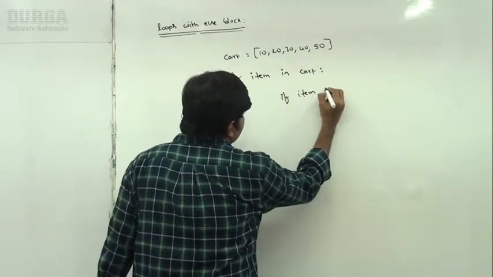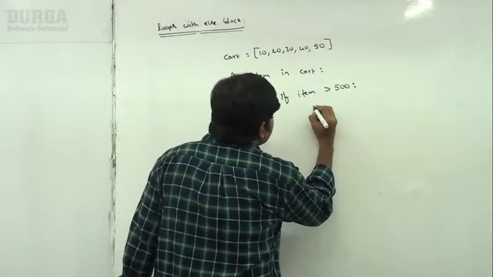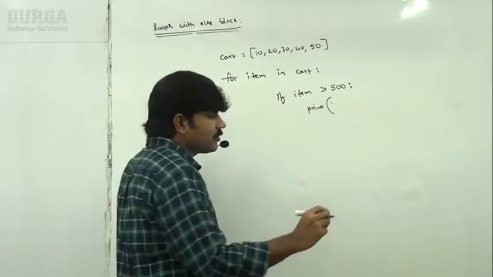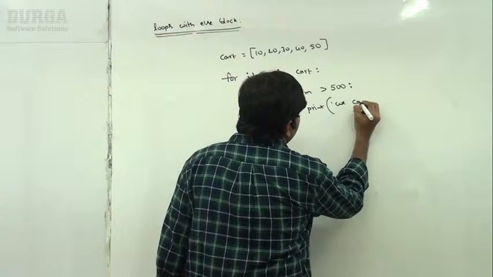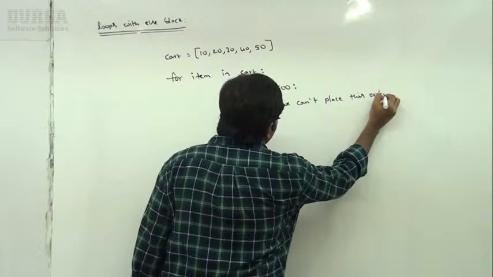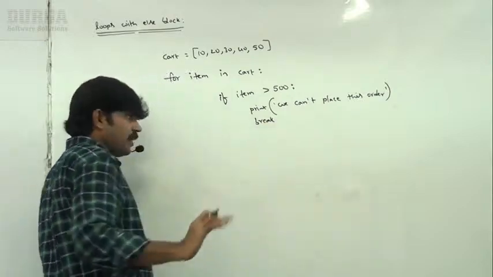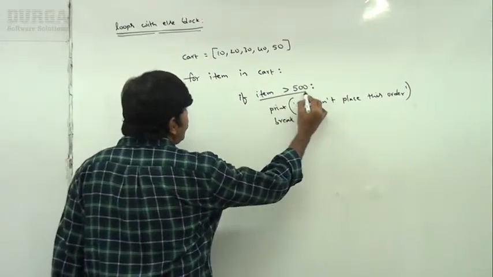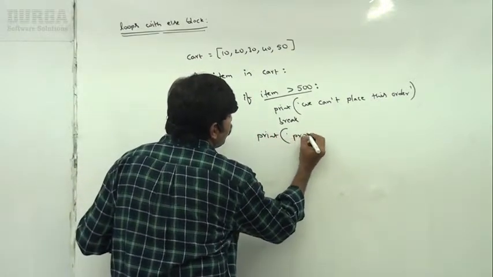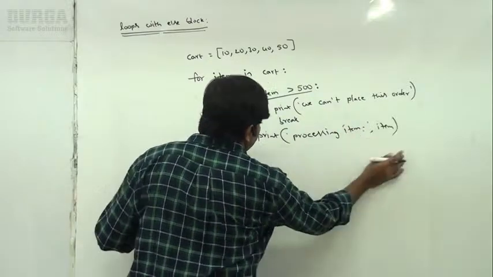If item is greater than 500, print we can't place this order because insurance must be required, and break. If this item is not greater than 500, print processing item, which item I'm taking.